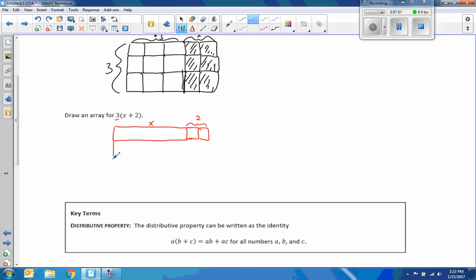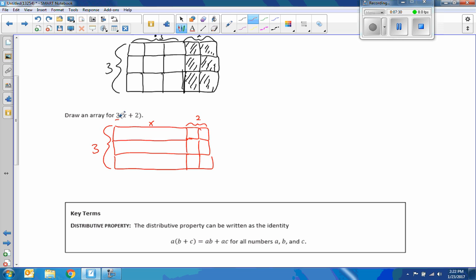So I'm going to duplicate this 3 times. So there's my 2, and there's another x here, and then finally a third 2. Now that I'm done, this means times 3. This is an array for the quantity 3 times the quantity x plus 2.